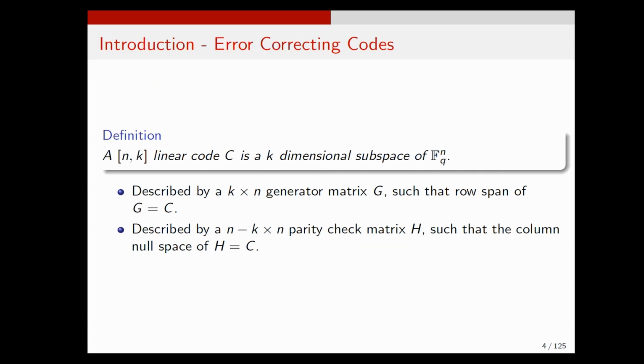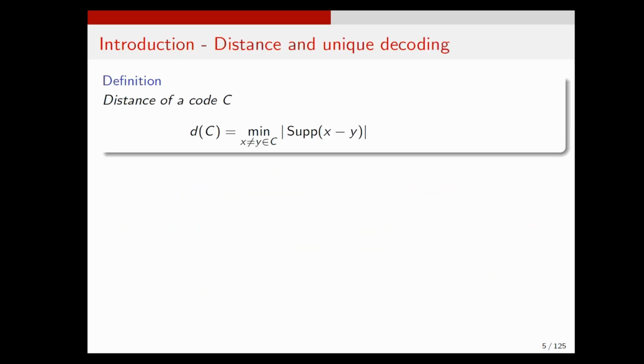Okay, we have the subspace, which is a mathematical object. What property do we care about in terms of error correction? At least when it comes to unique decoding, the main property we care about is the distance of the code. Basically, the distance of a code is the minimum distance two points on the subspace have in Hamming distance.